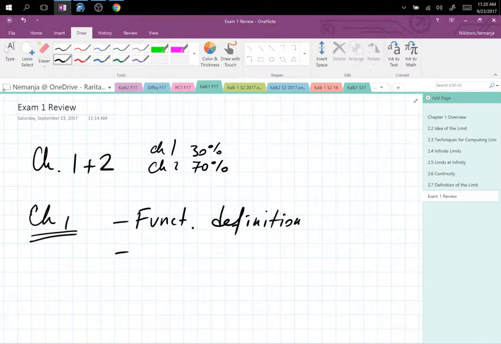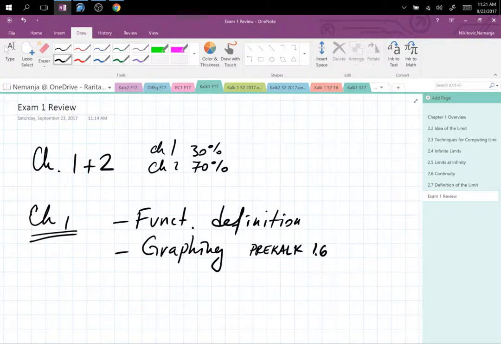I am interested in graphing. Remember, there are no graphing calculators on the exam. I'm interested in graphing, which is your pre-calculus section 1.6. You can search my YouTube for the full lecture, examples, and everything else. I will put PreCalc 1.6, so you know, if you go to the tutoring center, they have, I believe, 3 or 4 editions of the textbook.